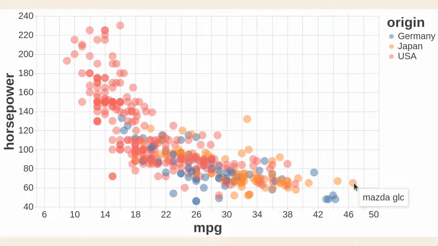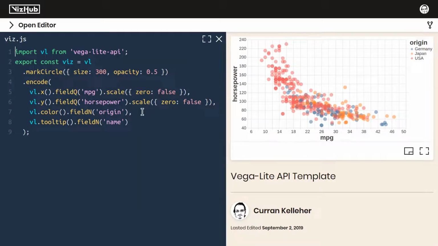Interesting. It looks like there's quite a bit concentrated around this hot spot here. This looks like sort of a sweet spot balance between MPG and horsepower. And that's where we find the likes of the Honda Civic and Toyota Corolla. But anyway, that's how we can encode another channel with color.